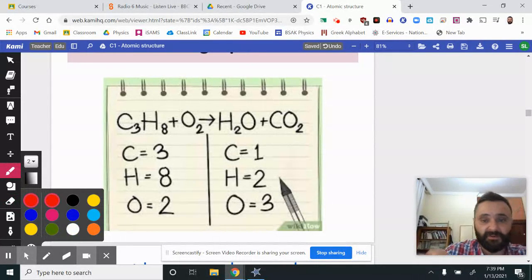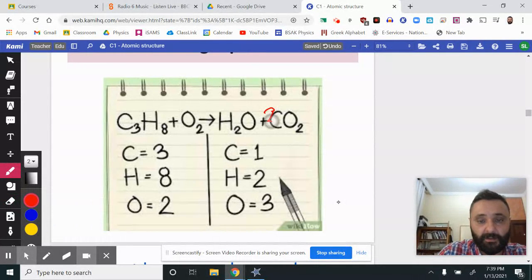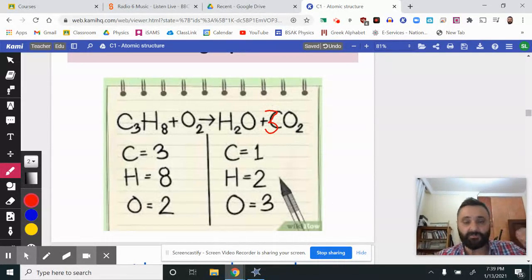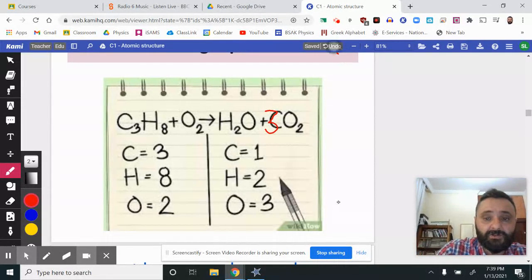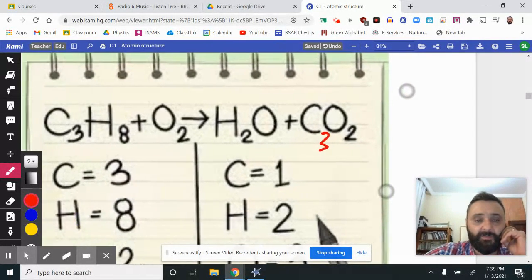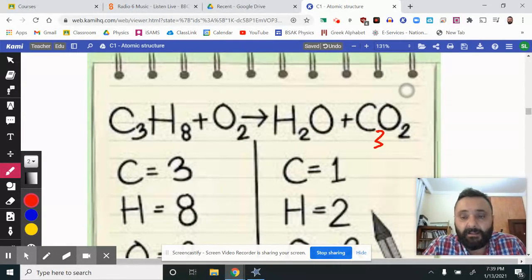An obvious thing to do first would be to put a 3 there. Now, one of the most important things with balancing equations is we can't just put a 3 there, because that would be changing the formula for carbon dioxide, and we're not allowed to do that.